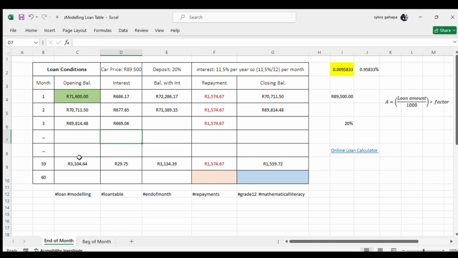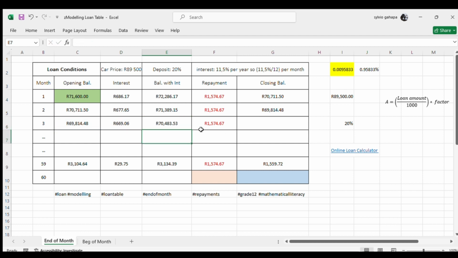You see that I get exactly the same amount, right? That is also a way to show you that the manual method and the Excel method give you exactly the same figure. Then after that, I will say my balance with interest is equal to that plus that.